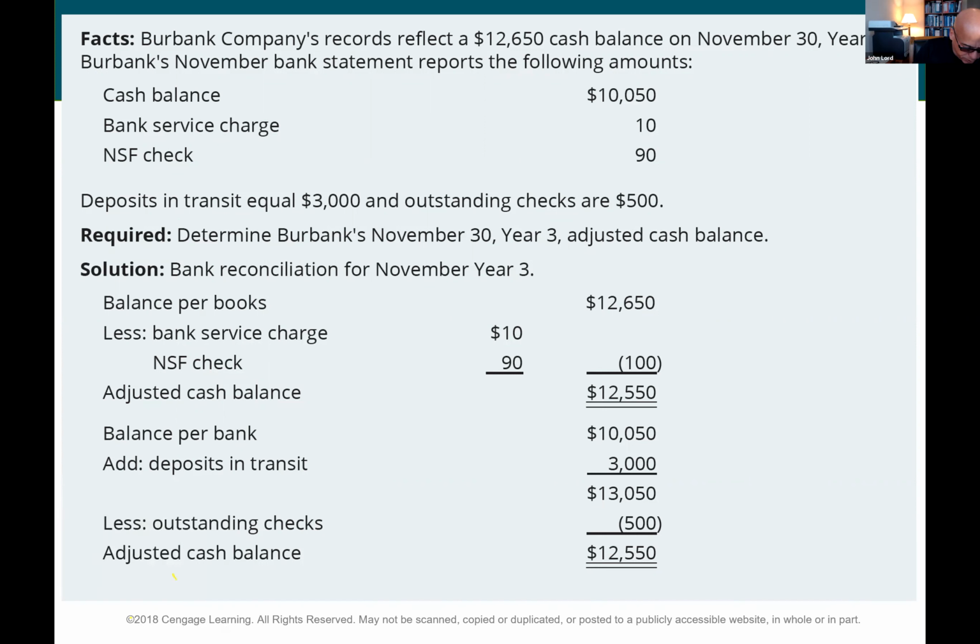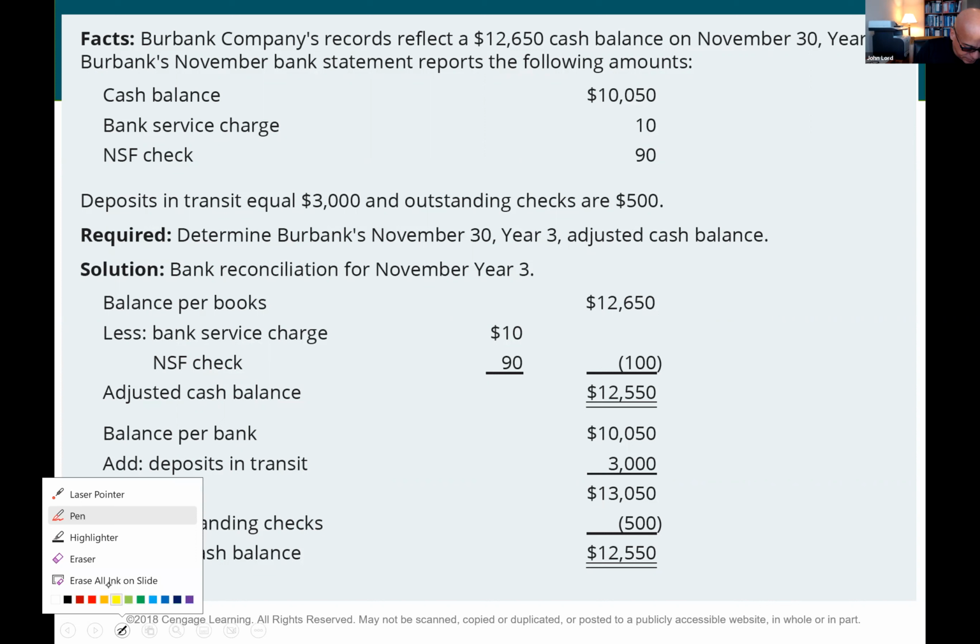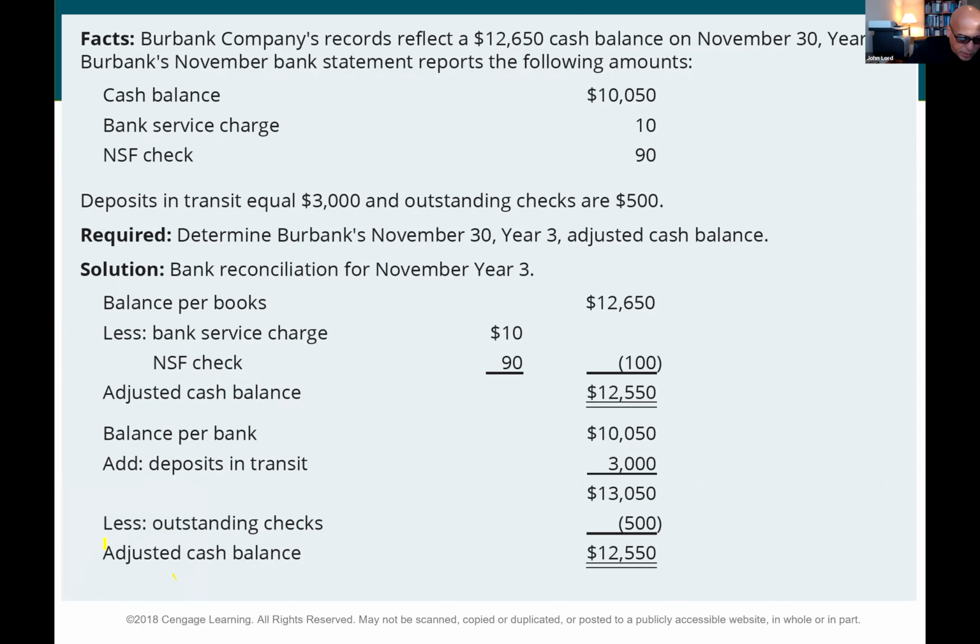Okay, we have this Burbank company, and this Burbank company's records reflect a cash balance of $12,560 at November 30th. And then they open the bank statement, okay?